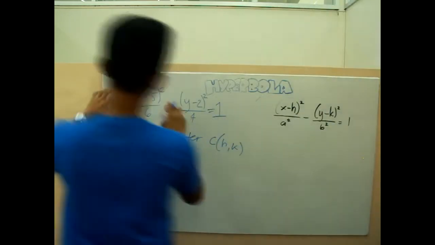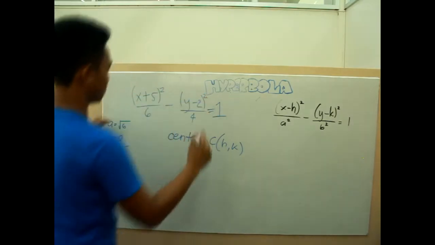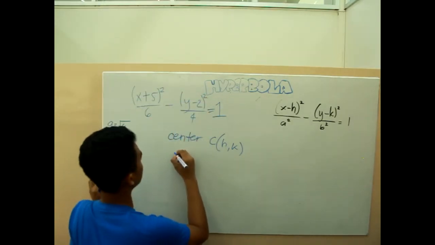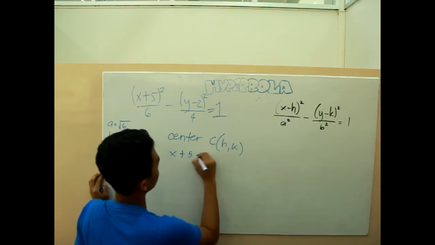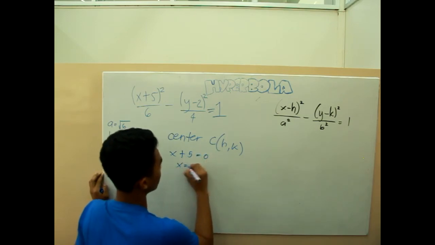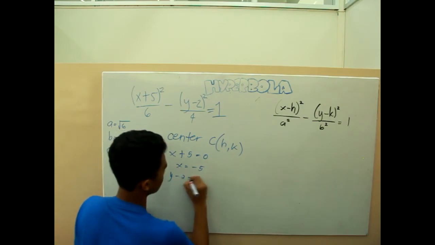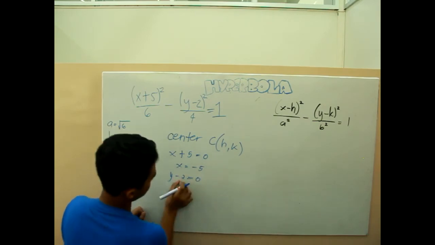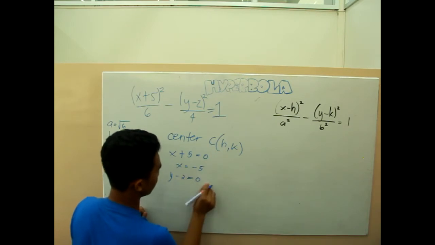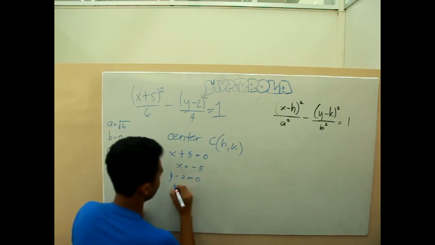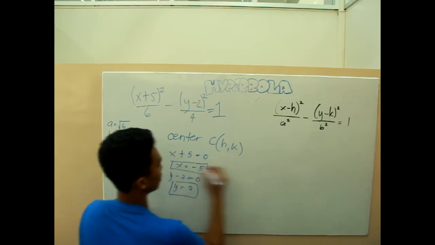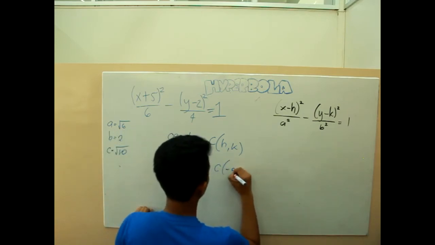So x plus 5 equals 0, which means x is equal to negative 5. Then y minus 2 equals 0, so you need to move this negative 2 to the other side, and it will become positive. So y equals 2. This is now your center. So the center is negative 5, 2.